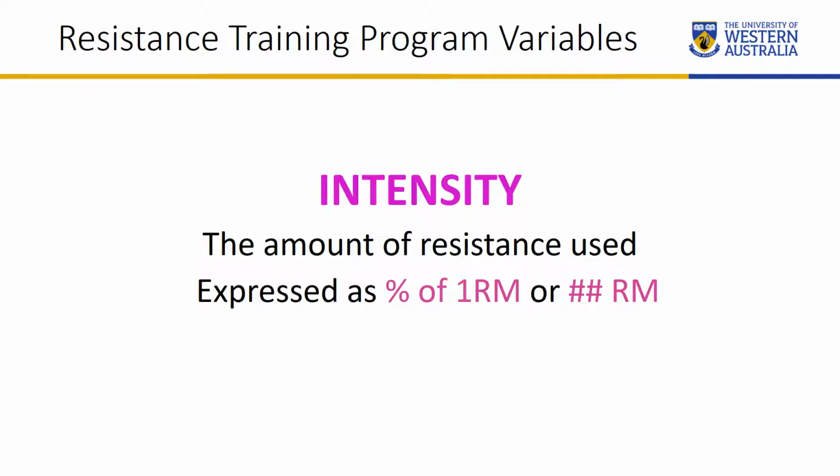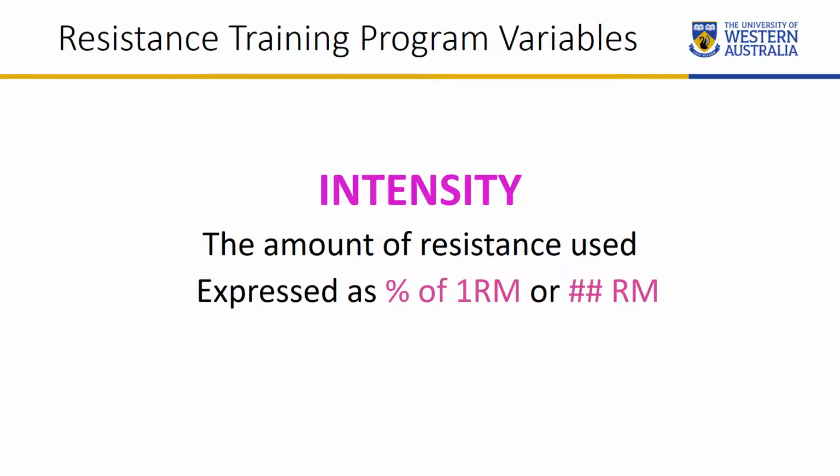Another way to express repetition maximum is through the number of repetitions itself. So you might do an exercise at 5 repetition maximum. What that means is you need to find a weight that you can only complete 5 repetitions of the exercise with, and no more.